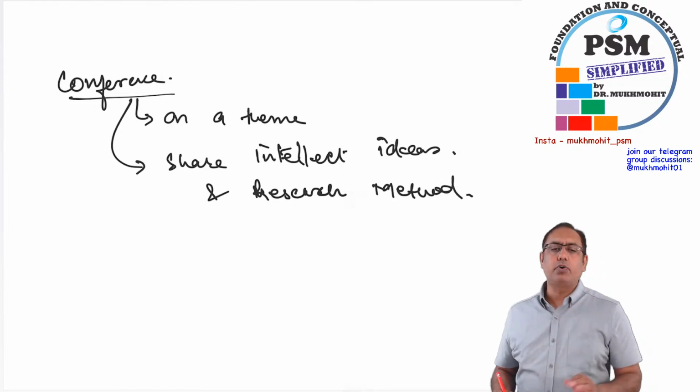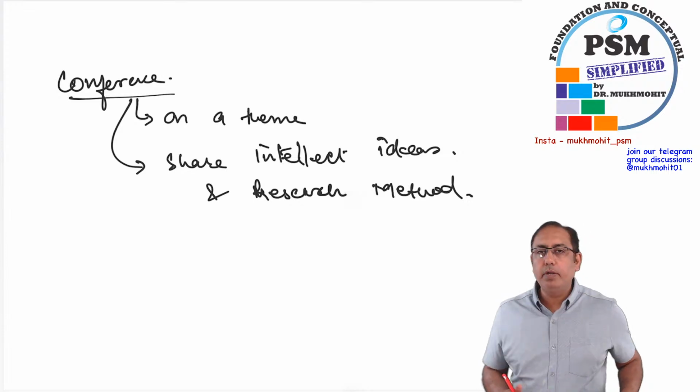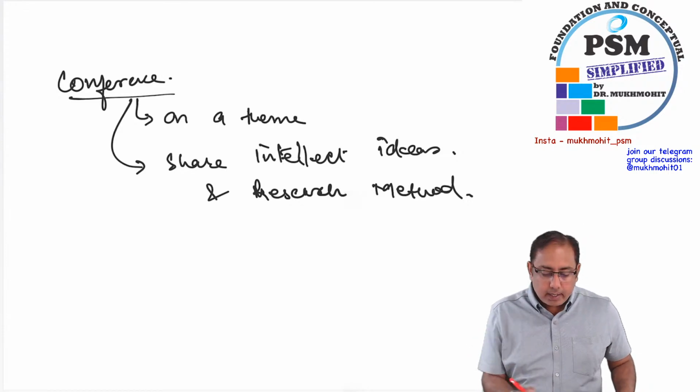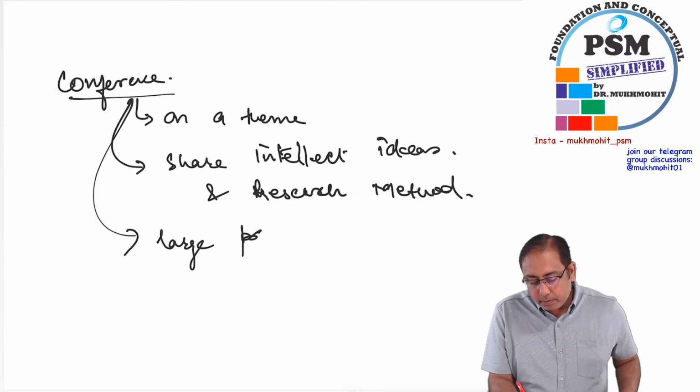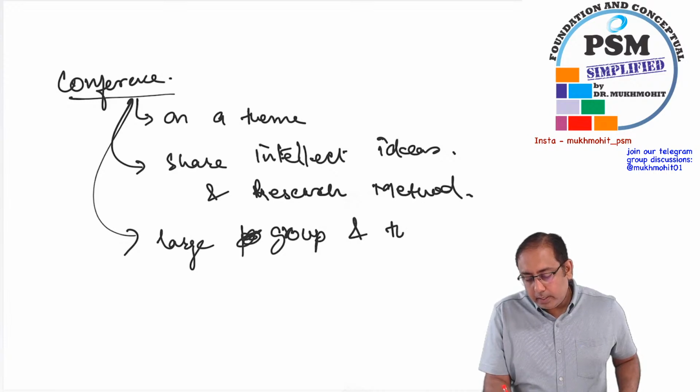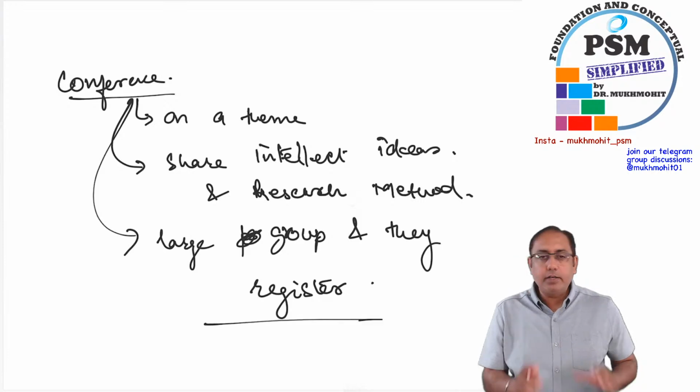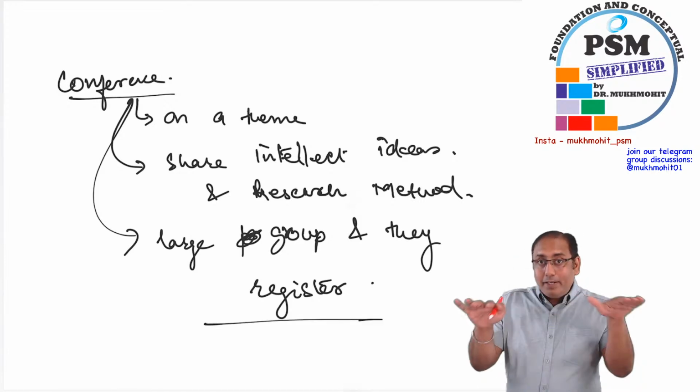That is what is called as conference. So we will do a conference today, and it is usually involving a large population, large group, and they register for the conference. They are like registered people of the same intellect level.